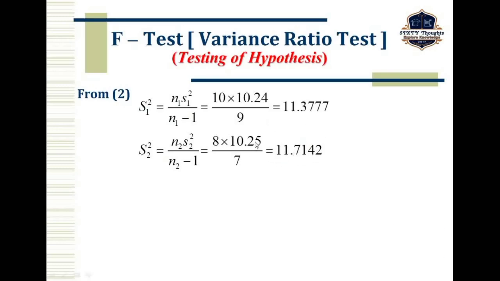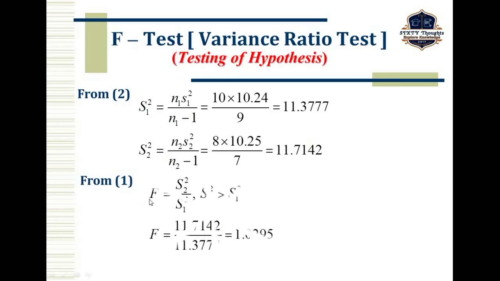Why? Because in the F variance ratio test, the final answer should always be greater than 1. If we consider the smaller term as numerator, we get only 0 point something. Therefore, from equation 1, capital F equal to S2 square by S1 square if S2 square is greater than S1 square.